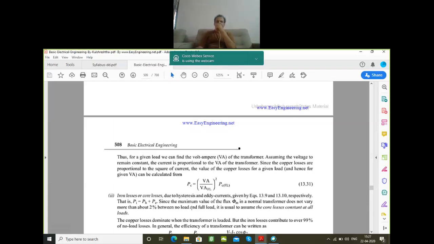Second type of losses is the iron loss or core losses. So what is this iron loss? What is this core loss? It occurs due to hysteresis and eddy currents. Iron loss Pi is equal to P hysteresis plus P eddy current.